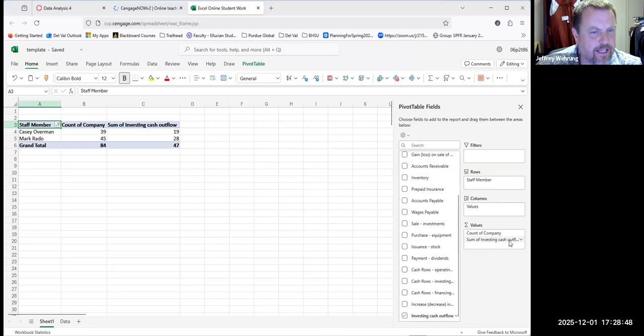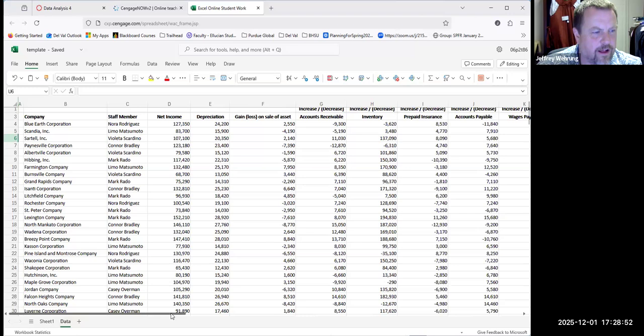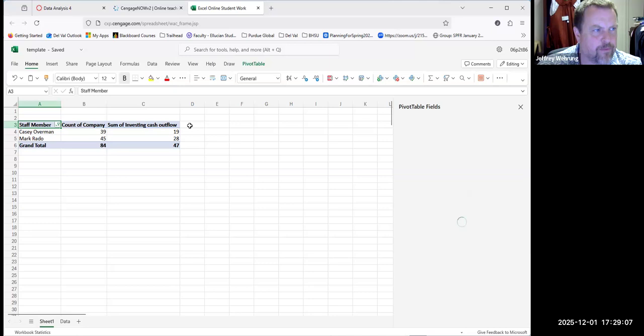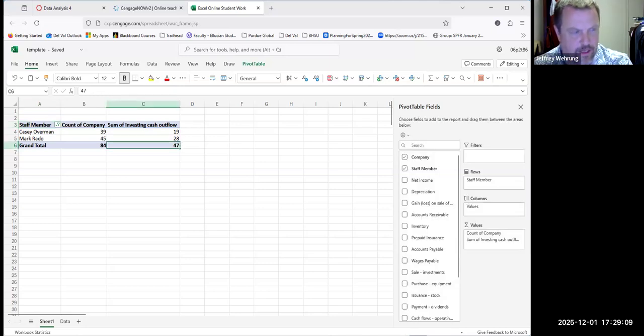So that sum of investing cash outflows is just adding up the column that we created. I filtered, so it just gave it from those two staff members or salespeople, and then I'm just summing up how many ones they have. So that's why we created that column. So this should be it.